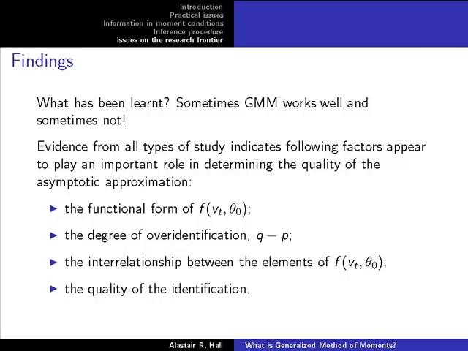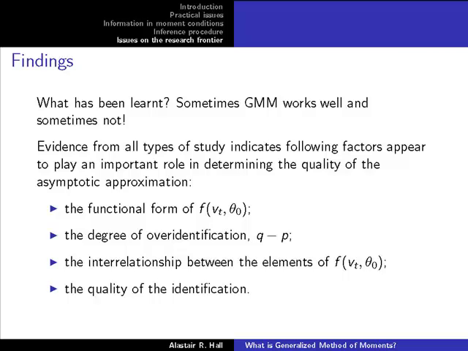The interrelationship, especially in terms of information content, between different elements of the moment condition. And the last one that's also very important is the quality of the identification. We talked about identification earlier on. This is saying whether the moment condition provides us with enough information.